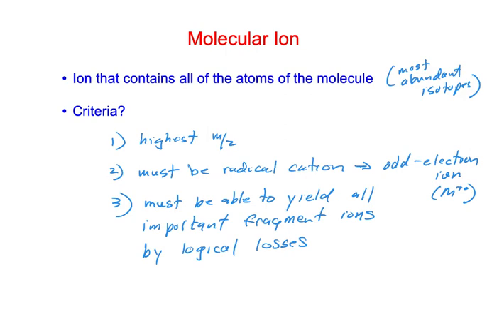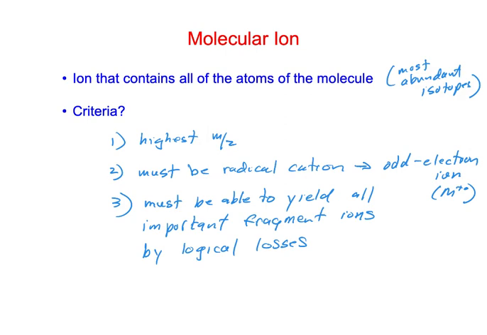So, are there situations when that doesn't happen? Not if it's the molecular ion. Well, okay. However, because we're putting so much energy into this molecule in the ionization process, there's going to be situations where the molecule fragments so easily that we don't see the molecular ion. Then, when we're looking at the spectrum, the highest mass ion that we see may not be the molecular ion, right?